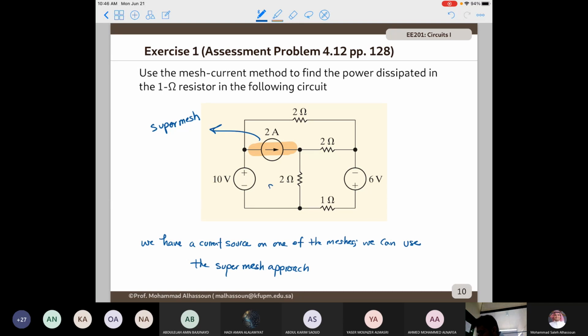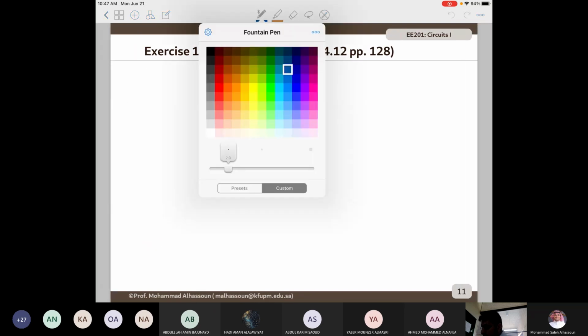So let me call this one IA, IB, and IC. So if I draw the circuit, it will be something like this.